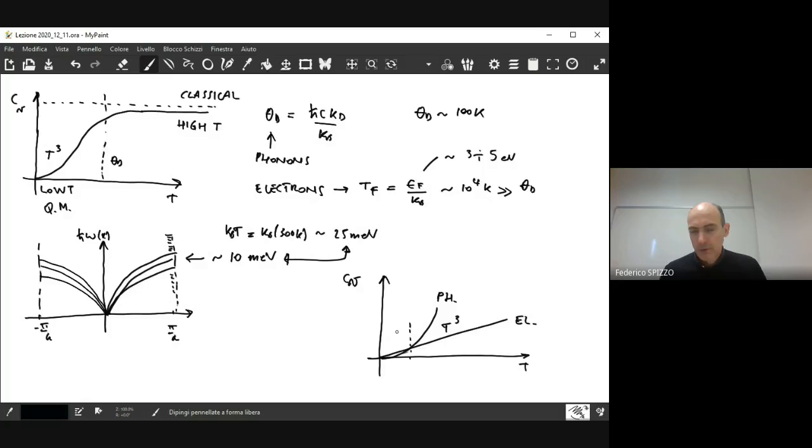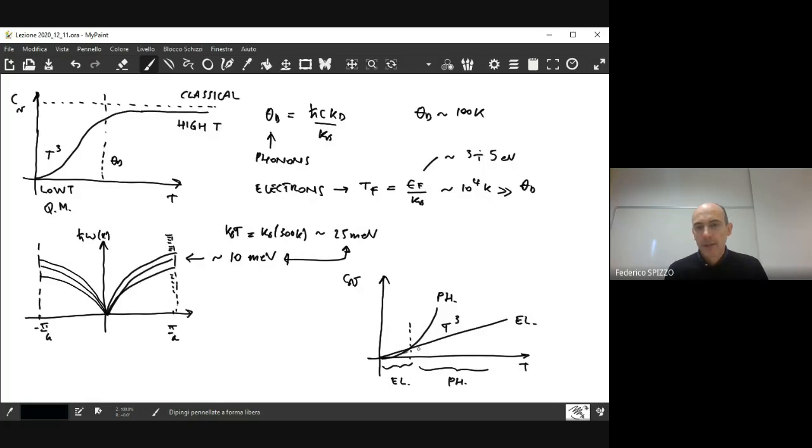Why should we do that calculation? That calculation is useful just to have an idea of what is the range of temperatures where you may expect to find only the electronic contribution, that is more or less this range here. So here the electronic contribution is the dominating one, but for temperatures higher than that, the phonon contribution is the leading one.